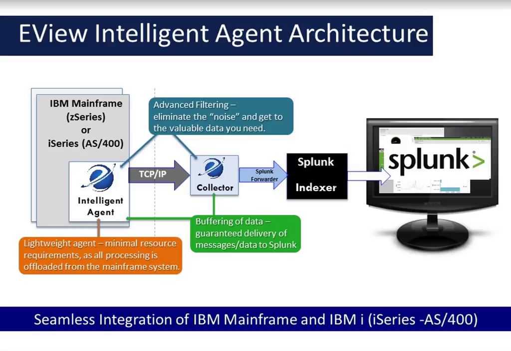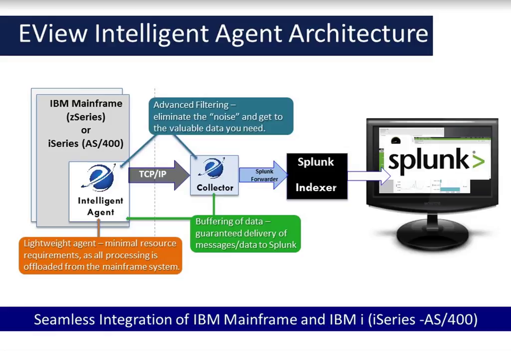Another key aspect of this architecture is the TCP/IP connection between our agent and the collector software. We do have protocols that allow us to recognize when data cannot be delivered by the agent to the collector. This protocol will do things like heartbeats to make sure the connection is available, but it also does message sequence checking so that between the collector and agent, the agent knows that a message has been successfully delivered to the collector.